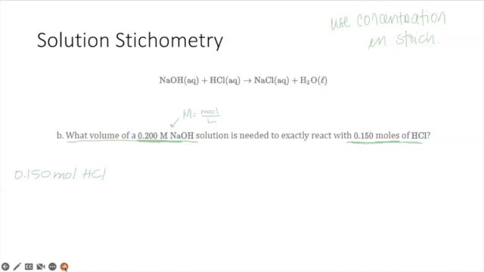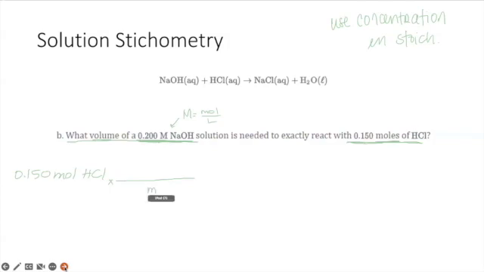So we're in moles of HCl, and it wants to know how we get to a volume of NaOH. So let's go ahead and get into moles of NaOH.